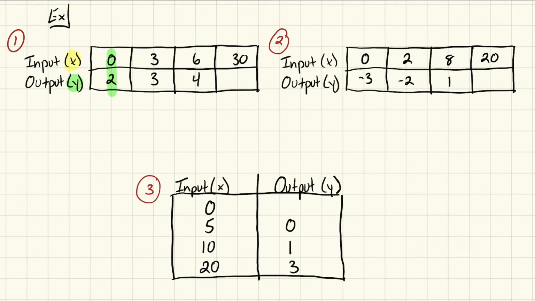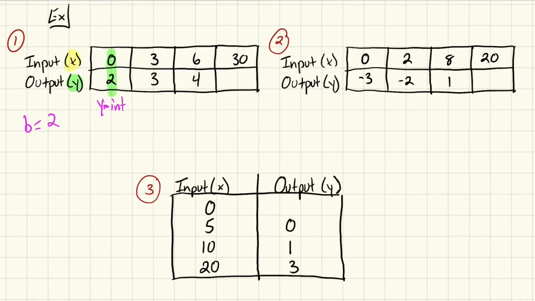If you ever see an input of 0 with an output value, this is always going to be my y-intercept. Every single time. So, essentially what we know in this first equation is that our y-intercept is equal to 2.